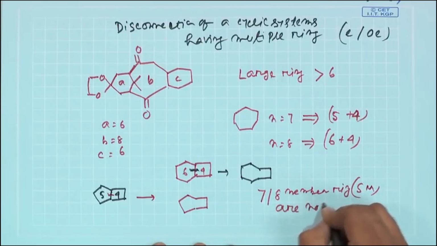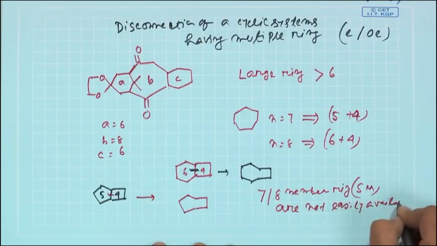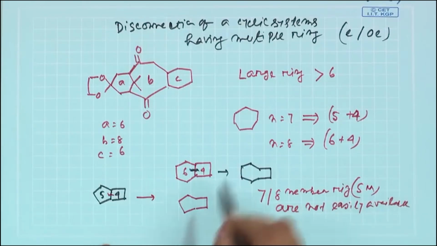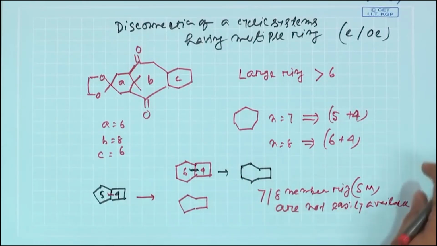That is our main message. But on the contrary, starting materials containing 5-member rings and 6-member rings are easily available. So, now coming to this particular problem which I have just drawn, we will draw it again.